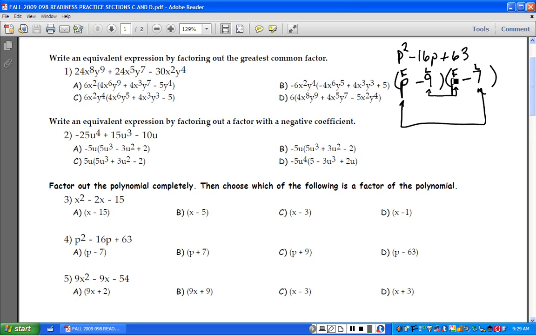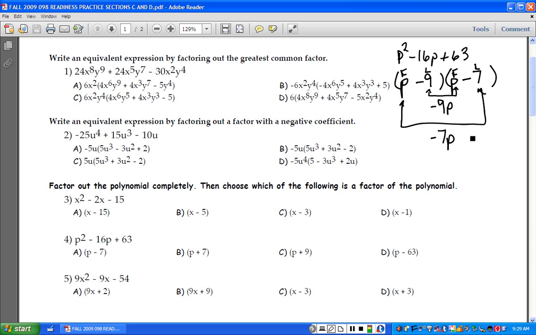First times first gives us the first in our trinomial. Last, negative 9, times last, negative 7, gives us, look, a negative times a negative is a positive, so we still get positive 63. So that works. Now back to our outside inside. Outside, we have p times a negative 7, which is negative 7p. Inside, negative 9 times p, which is negative 9p.